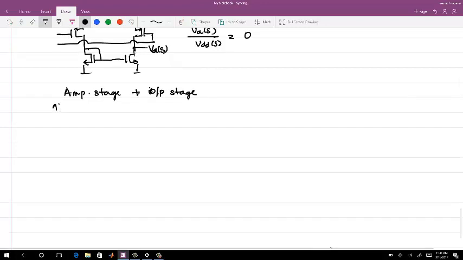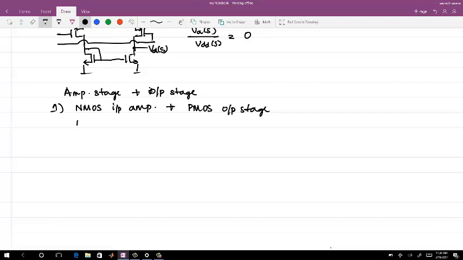So you have NMOS input amplifier plus PMOS output stage, then NMOS input amplifier plus NMOS output stage. We look at all the 4 combinations and see which one can work better.